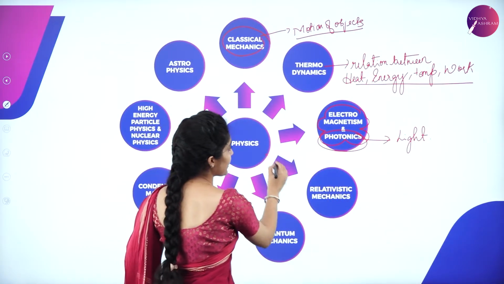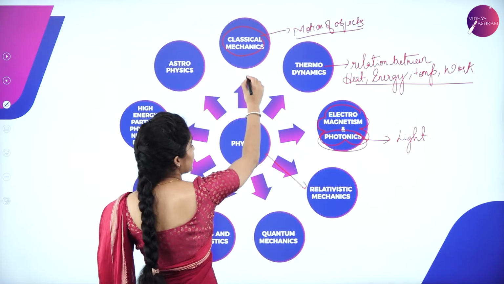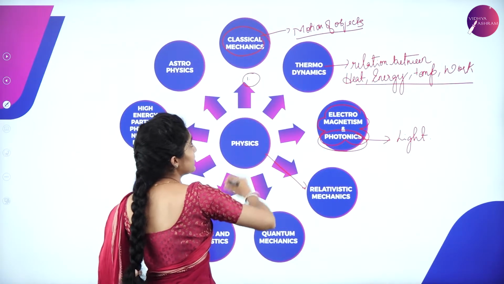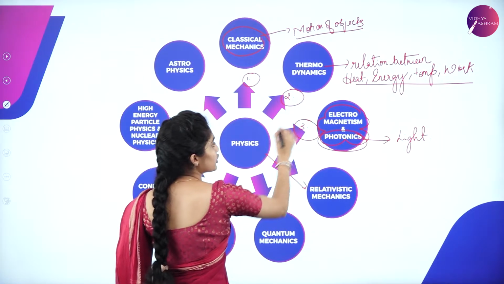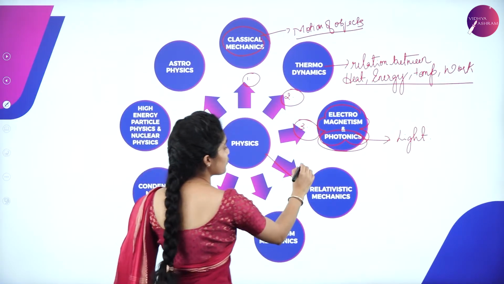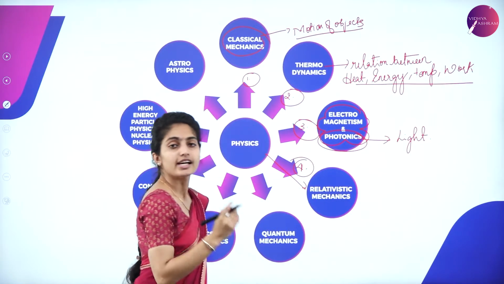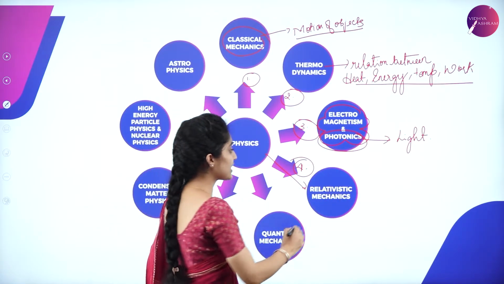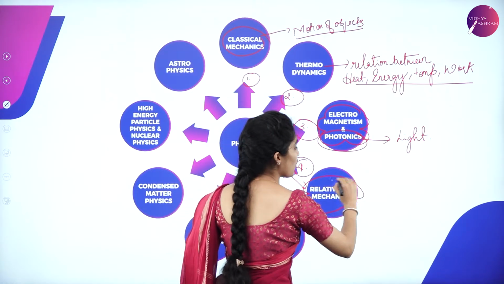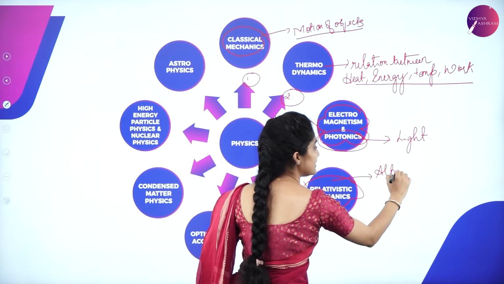Okay. The next category, that is the fourth category. This becomes your first category, classical mechanics. Thermodynamics second one, electromagnetism third one, and the fourth one you are studying is relativistic mechanics. So what is this relativistic mechanics? What exactly does it contain? This was introduced by Albert Einstein.